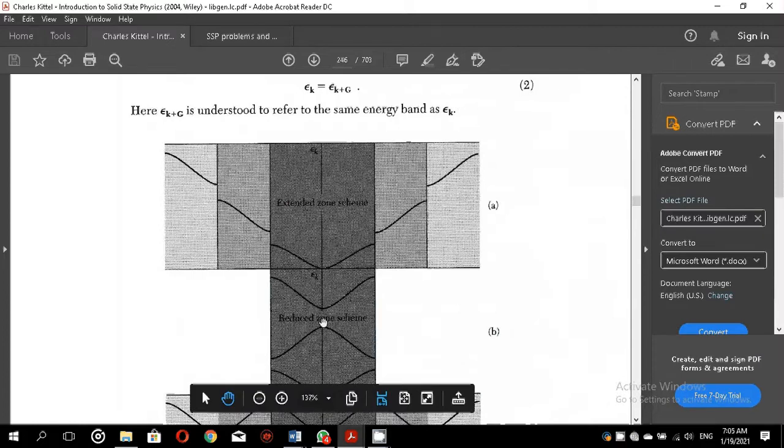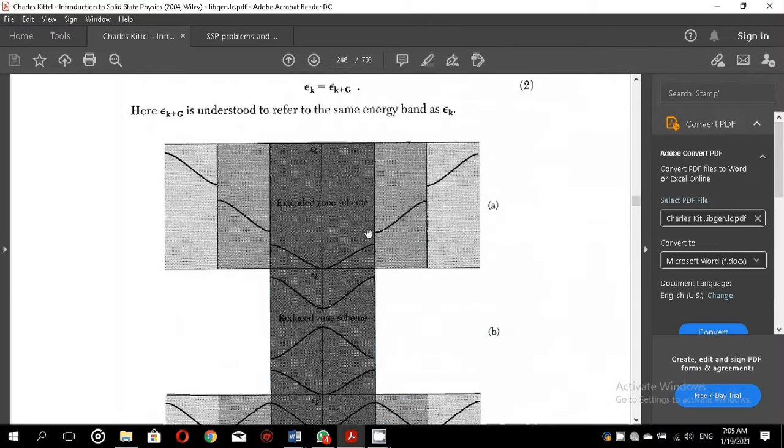This is the part equivalent to this, and we have reduced this into the first zone using the negative of a reciprocal lattice vector. Similarly, all the parts of the energy versus K diagram, as shown in the extended zone scheme over here, have been reduced into the first zone, and this is known as the reduced zone scheme.